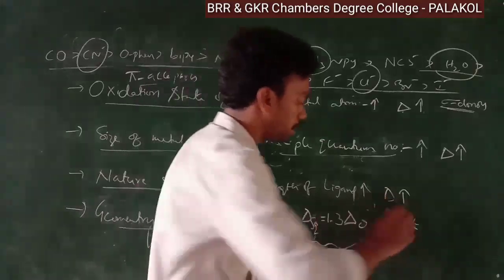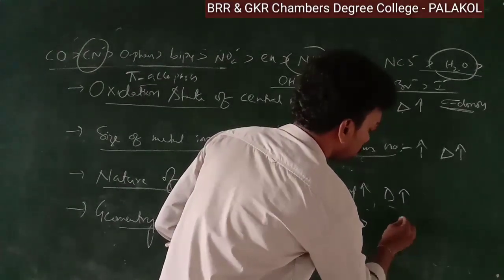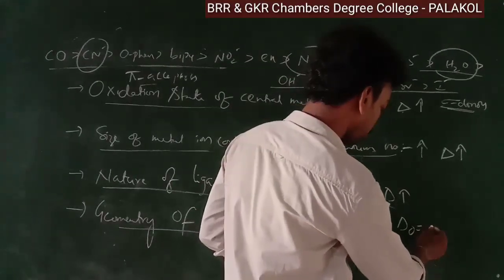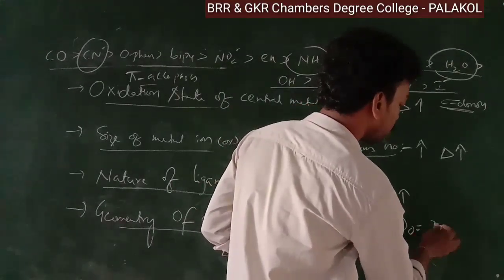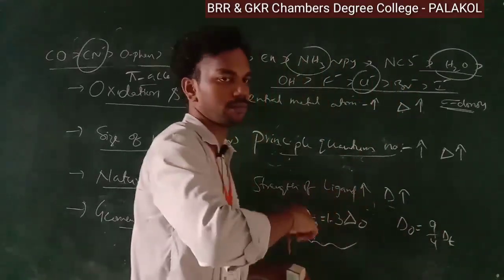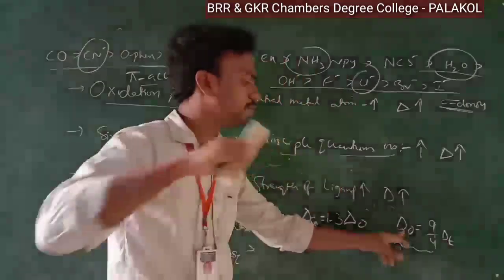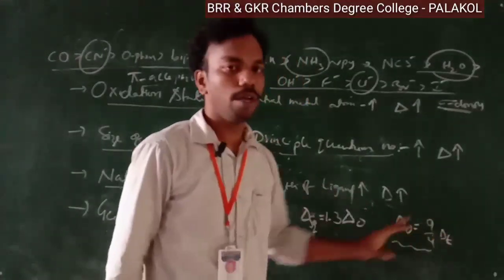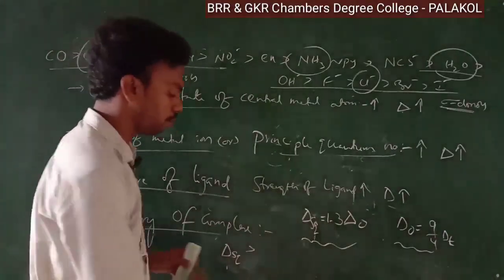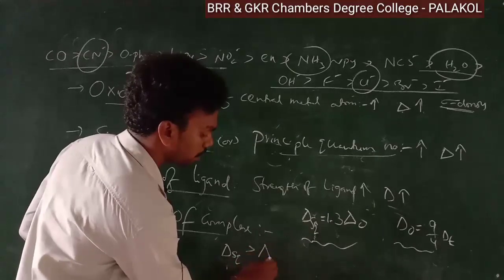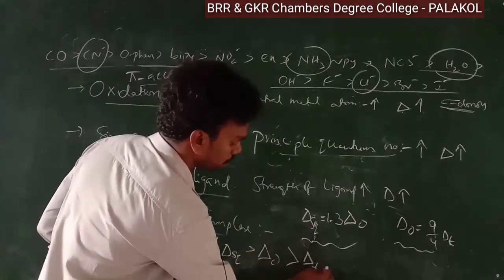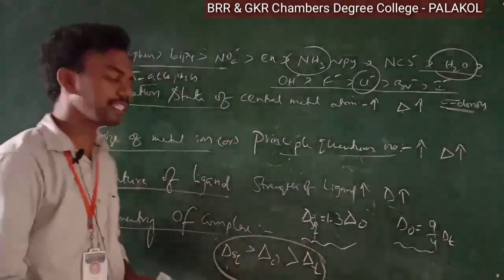And delta O is equal to 9 by 4 delta T, so delta O is more when compared to delta T. So what is the conclusion here? Crystal splitting energy in square planar complex is more, then delta O, then delta T. This is the order.